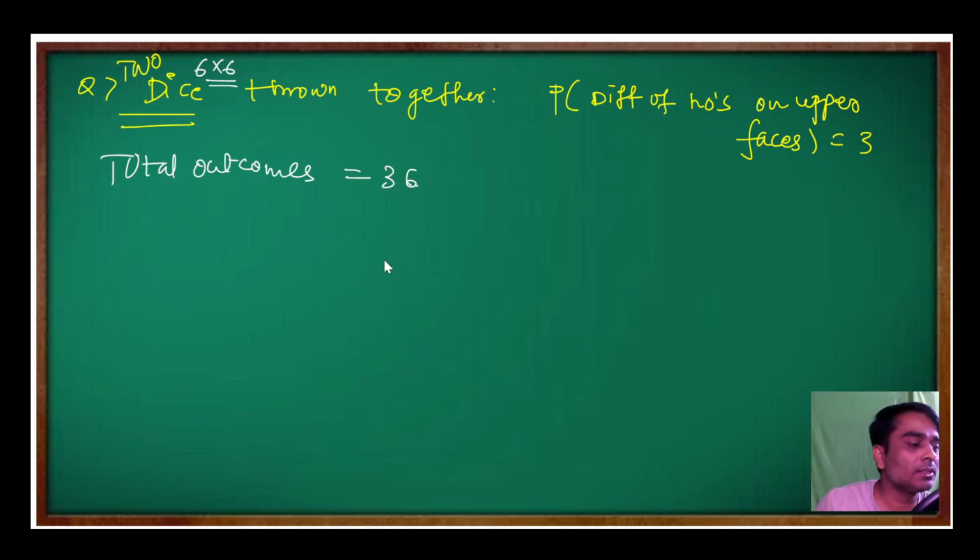Total outcomes 36. And difference of numbers on upper faces 3. So here the probability of event will be simply 6 by 36, which is 1 by 6.